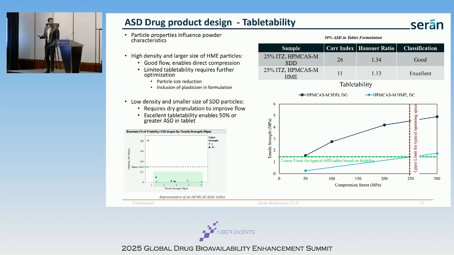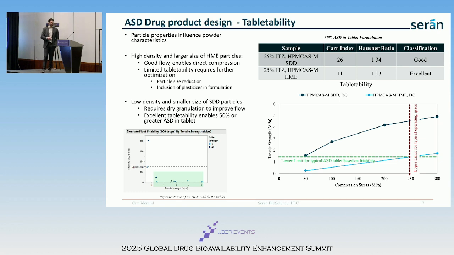Now, the HME formulation, it's the exact same excipient ratios, direct compression, but because we have larger granules with less surface area and they're denser, we lose out on quite a bit of compactability or compressibility. And we're not able to identify a scalable process. Now, I will say, if we wanted to make the HME work, there's obviously things we could do.